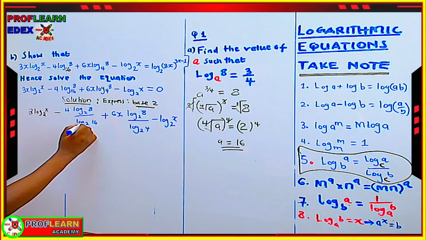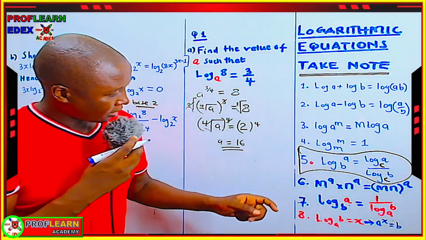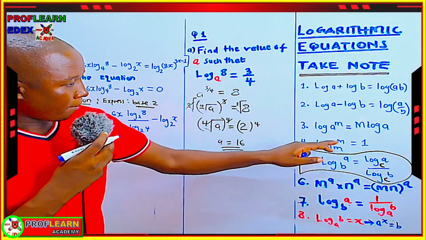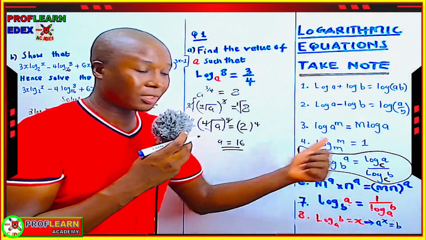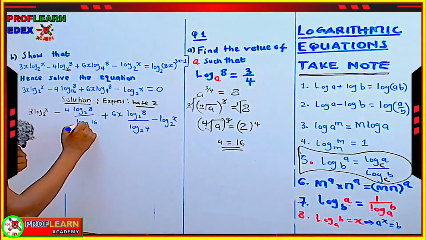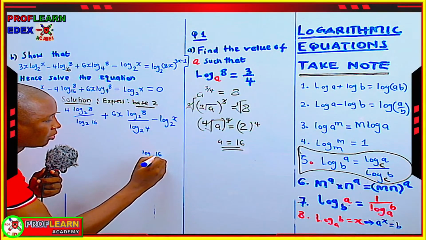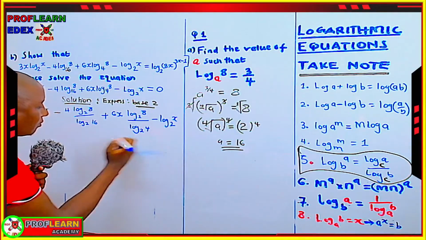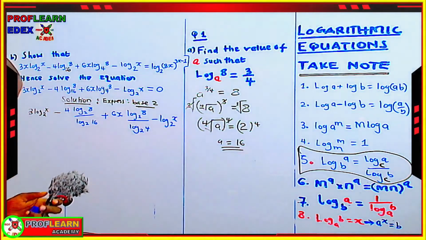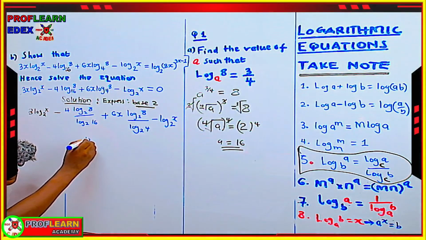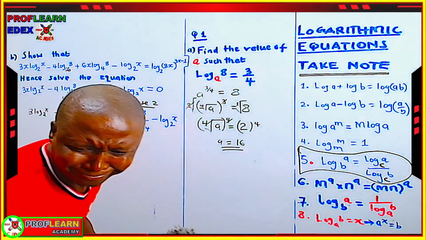I want you to remember that log 16 base 2 can be written as log 2 power 4 base 2, and this power can go in front and we can have 4 log 2 base 2, and log 2 base 2 is 1 because log m base m is equal to 1. So this is going to translate to 4.